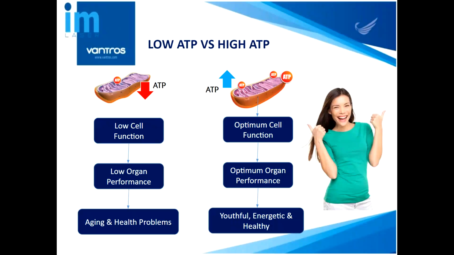So it also gives you optimum cell function, optimum organ function, and I bet you can become more youthful, look 10 years younger than your peers, your friends, and be energetic and healthy as well. So that is a very simple comparison of low ATP versus high ATP.